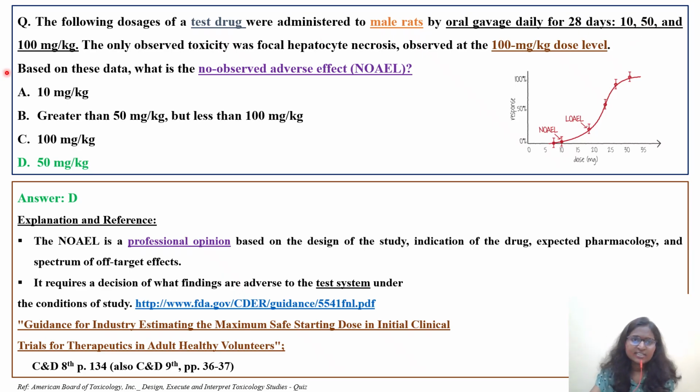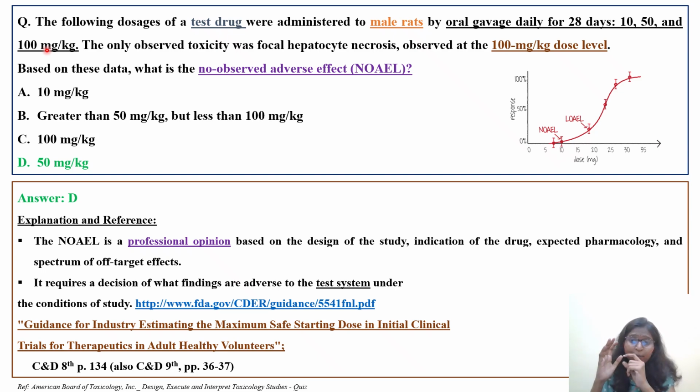And in this case, LOAEL will be, for example, 100, and there is another dose like 200, and another dose 500. For example, in this study 5 doses were there: 10, 50, 100, 200 and 500. At 100 you saw some adverse effects on the liver, and at 200 also, and at 500 you have completely seen that liver failure is there.